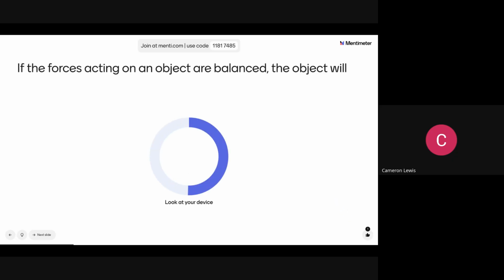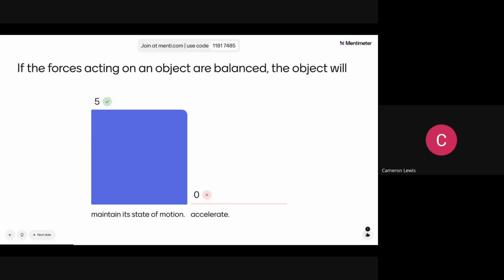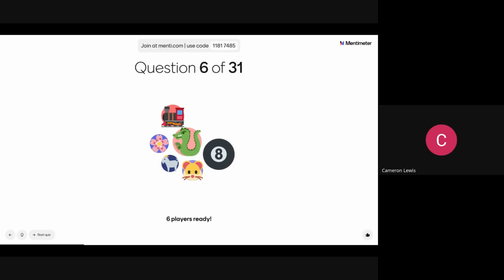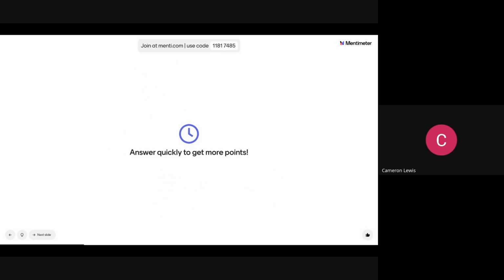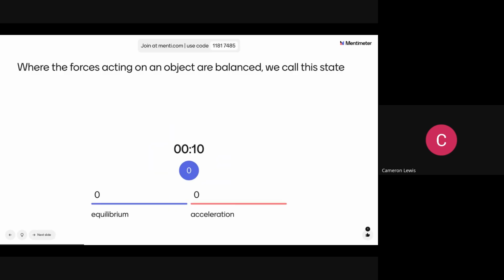If the forces acting on an object are balanced, the object will what? Maintain a state of motion or accelerate? Maintain the state of motion, good job. When the forces acting on an object are balanced, we call this state equilibrium or acceleration?